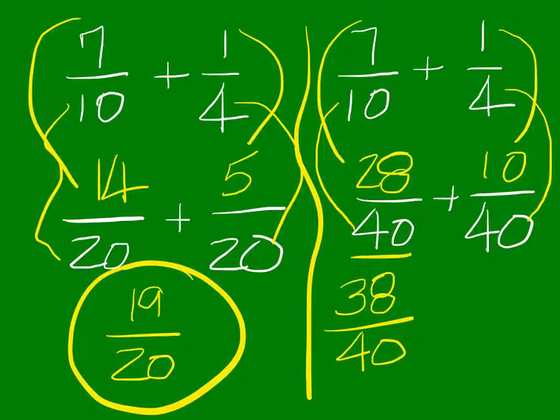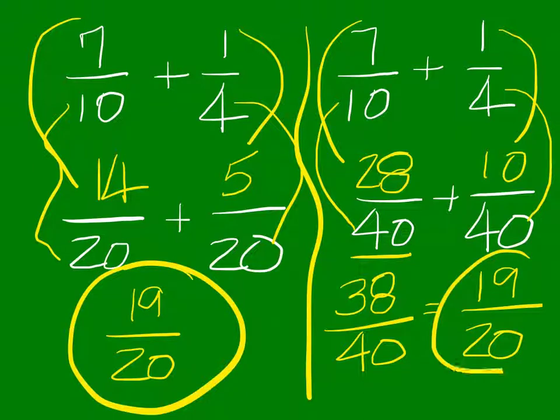What number goes into both 38 and 40? 2 goes into both of them. So what do I get when I divide 38 by 2? 14. Not 14. 19, yes. And what is 40 divided by 2? 20. So there's the answer there.